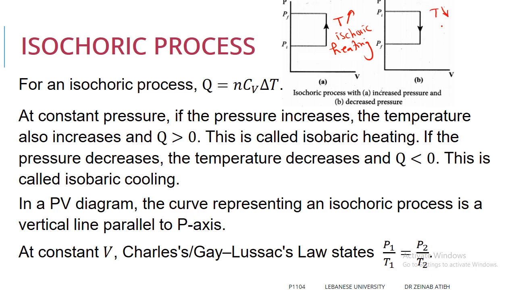So here the temperature will be decreasing. It is an isochoric cooling, and the temperature will be decreasing, and as you can see the pressure will be decreasing. How did I guess them? Because PV equals nRT for sure. Remember that V is constant, so this one is constant. If the pressure is decreasing, the temperature will be decreasing, because the volume is constant. So at constant volume, if the pressure increases, the temperature also increases and Q is positive. This is called isochoric heating.